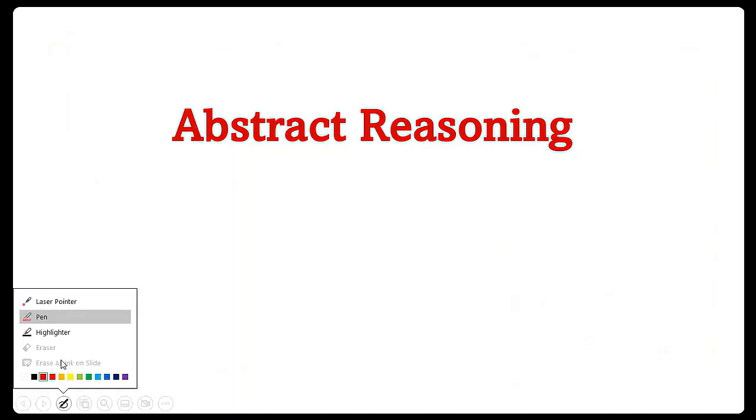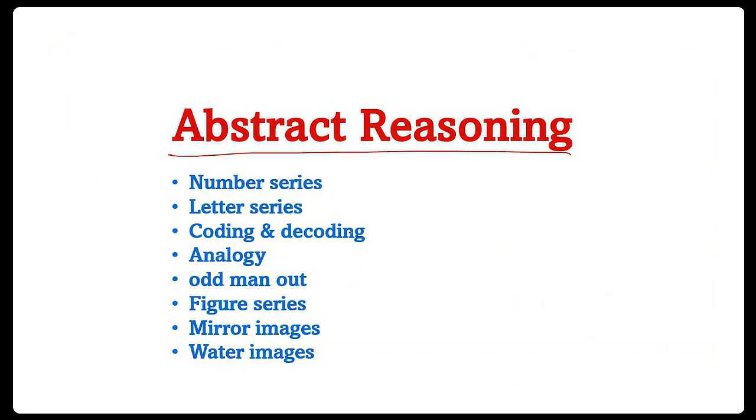By the way, what is abstract reasoning? For most of you, this may sound like an interesting name because you don't get to see this often. But abstract reasoning is actually a combination of these topics. Number series, where you will be given a series of numbers and must find the missing or next number. Letter series, a series of alphabets where you find the next one.